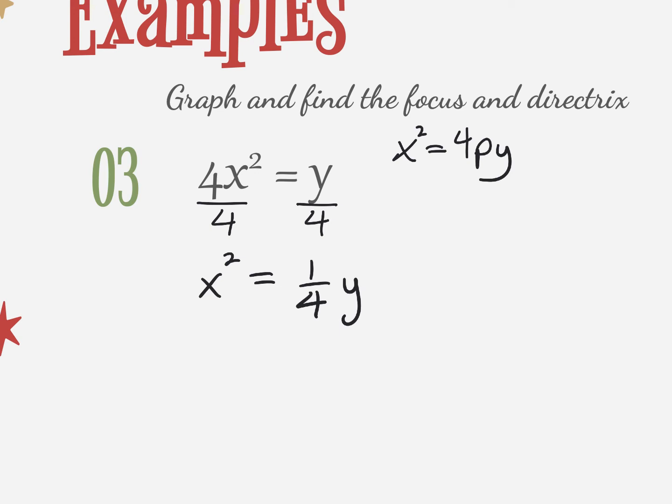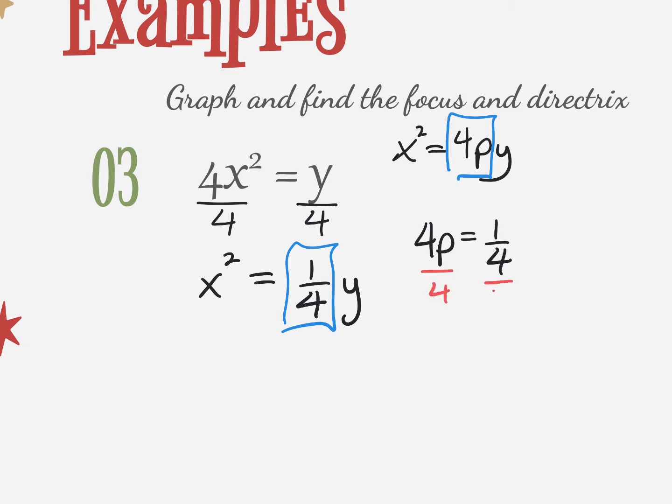So this time, to find my p-value, I'm going to set 4p equal to 1/4. So 4p equals 1/4. What I'm doing here is dividing both sides by 4 to solve this. So if I divide by 4, what I'm really doing here is 1/4 divided by 4/1, keep, flip, change it, and this becomes 1/16. So my p-value is 1 over 16.